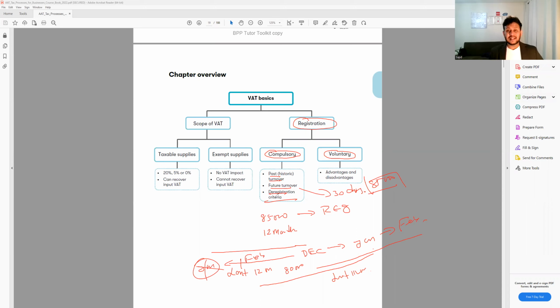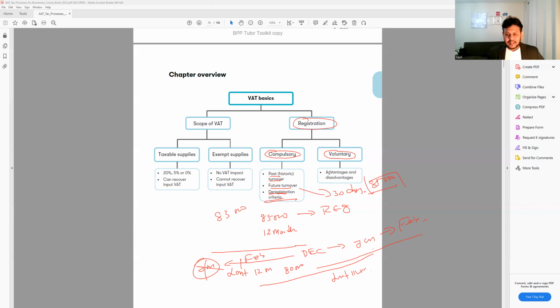If my sales in the last 12 months or the next 12 months will be less than 83,000, and I believe it is not going to increase because my business is not improving or growing, I can deregister from VAT. I can tell HMRC I want to deregister because my sales will not grow in the future. If they grow more than 85,000, I will register again.